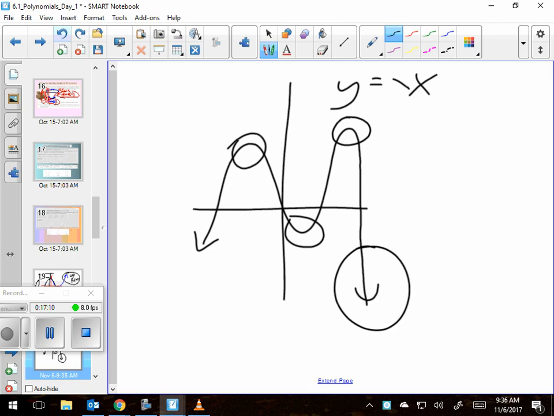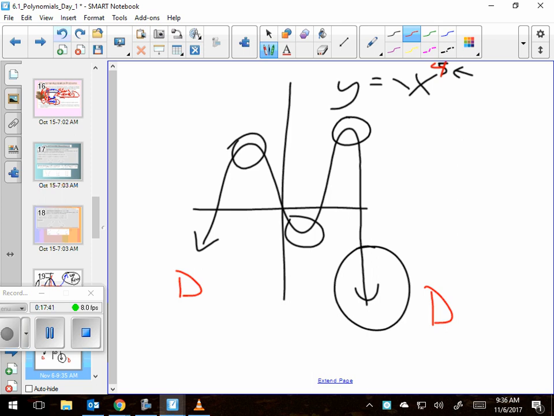All right, next thing. If the power on this lead term is like a 5, that's an odd number, right? Odd number ones, their ends do different things. This one's down and down. Therefore, it has to be an even number up there. Like I said before, it's probably a degree 4, but it could actually be a degree 6 or a degree 8.